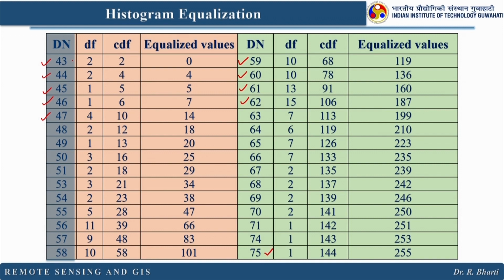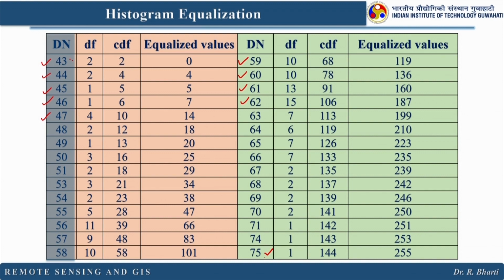Remember that this is 8 bit data, so your range should be 0 to 255, but it has occupied only 43 to 75. That means 0 to 42 and 76 to 255 is still available to you, right.